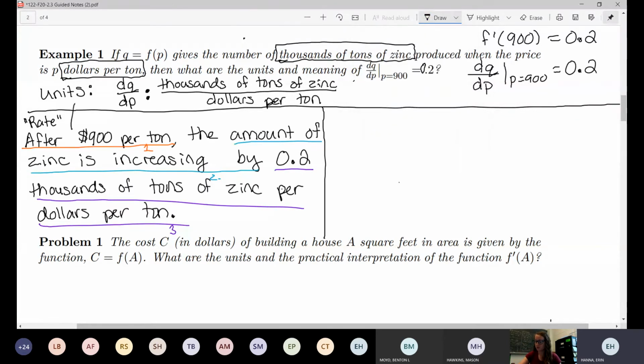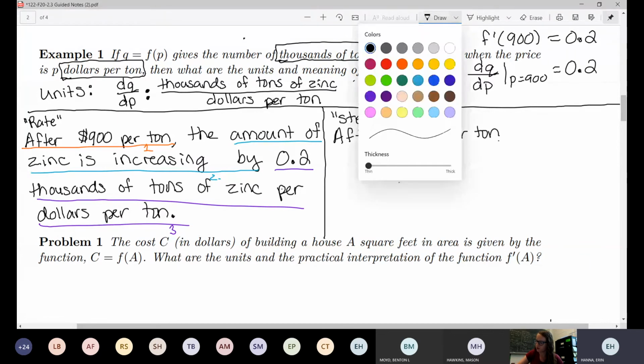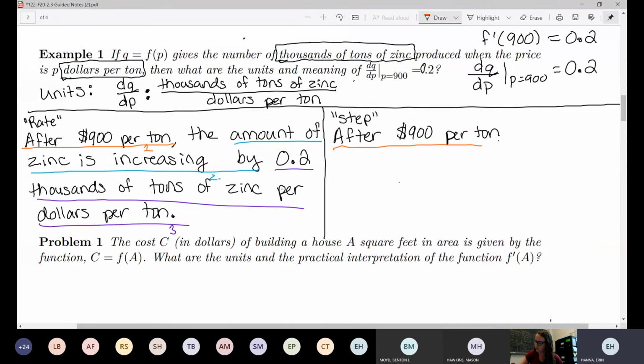I feel like most people use this way, but just in case, I'm going to write down the other way as well. Just for this one, and then again, I'm going to go just to using one over the other, unless someone specifically asks for it. So if we want to use that step way, we start off with the same way. After $900 per ton, we write that starting x value down.